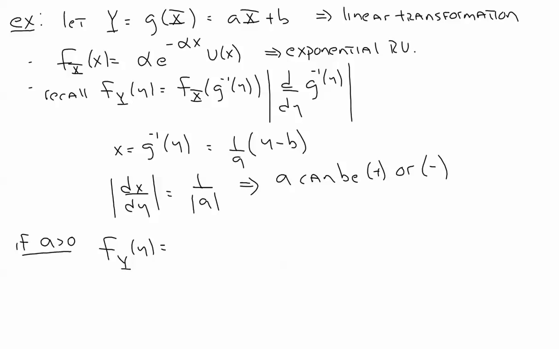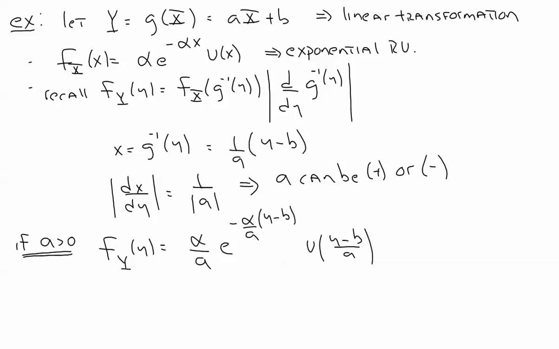I can drop my absolute values because I'm declaring that a is positive. I'm going to get alpha over a times e to the minus alpha. Now when I have an x, I have to substitute in g inverse, I get y minus b over a. And then I have to also substitute y minus b over a in my step function.